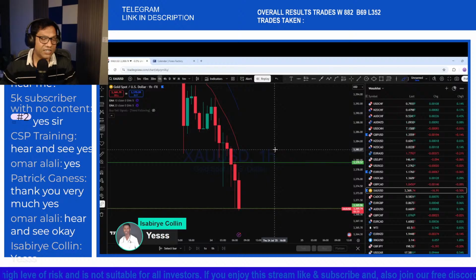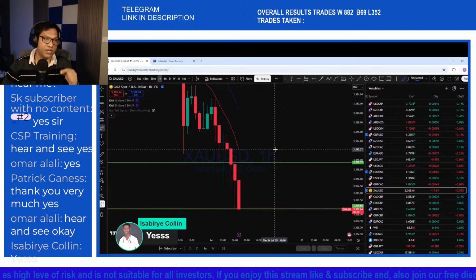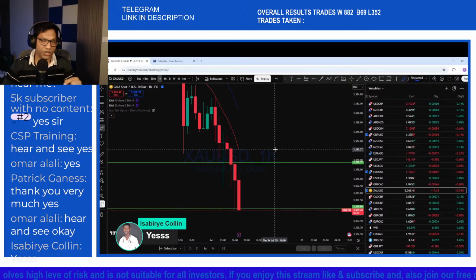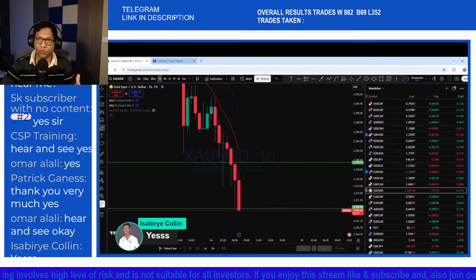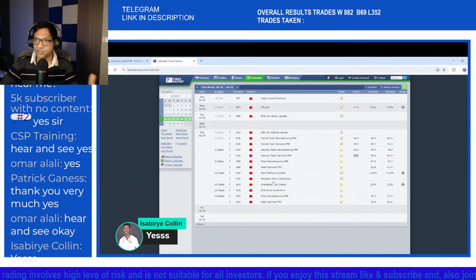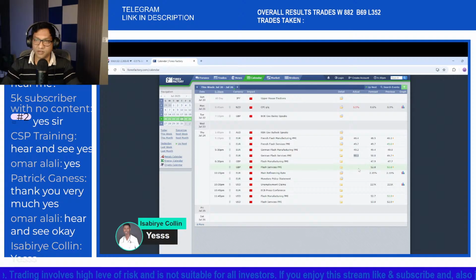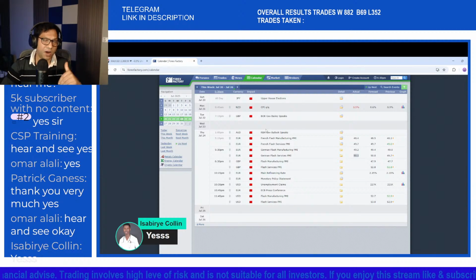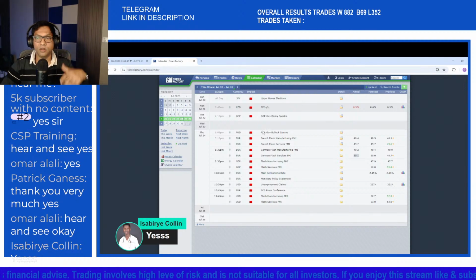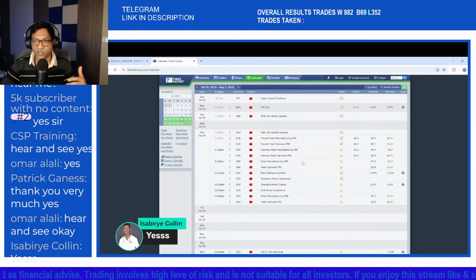Looking at the price action is the smartest thing that you can do when you are trading, because that's the only information that we have. We have the data that you can see on euro, but those data will give you a short-term fluctuation in the market. But the actual movement that you can predict the market by is based on the price action, the market structure that you can see.